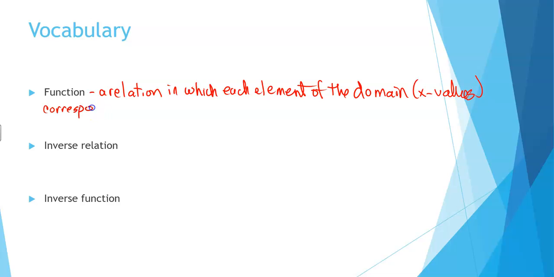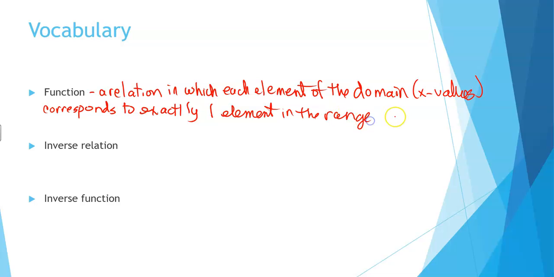And we've talked about this since Algebra 1. Exactly one element in the range. And that would be your y values. And hopefully you remember the vertical line test. That is one way we can test to see if it doesn't pass the vertical line test, then it's not a function. It can be a relation, but it's not a function.